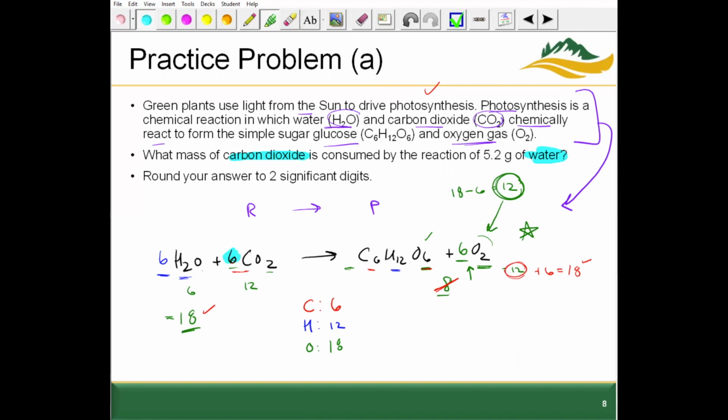Here's carbon dioxide and here's water. That means we only need to focus on this coefficient here and this coefficient here. So the way we'd write this out is for every 6 moles of H2O equates to 6 moles of CO2. And these are interchangeable, right? So we could have written it as 6 moles of CO2 for every 6 moles of H2O.